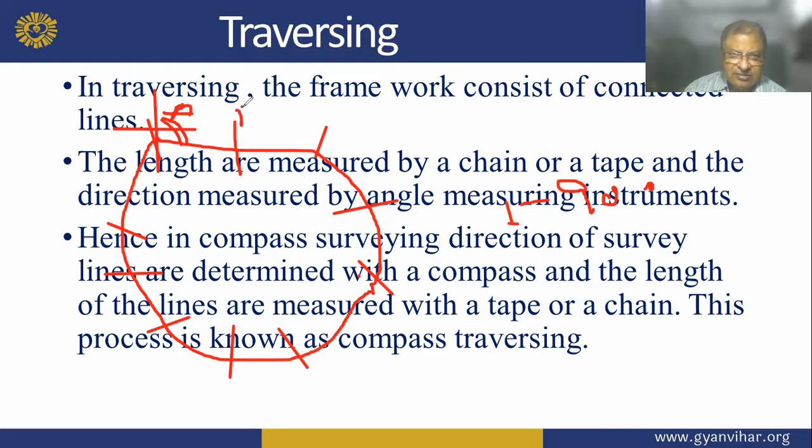So as per this, you write A, B, C, D, E, F, G, H, I. With the compass in the field, you will draw this map.